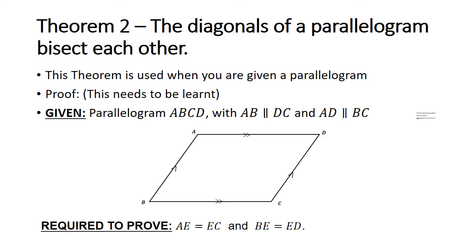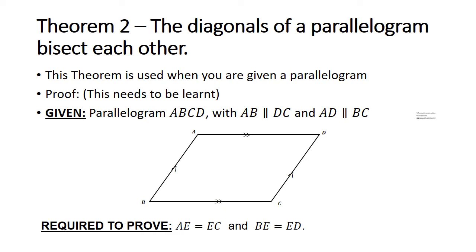So we're looking at the two vertical lines, AB parallel to DC. And they tell you that AD is parallel to BC. So we're looking at the top and the bottom line. They are parallel as well. And then we are required to prove that AE is equal to EC and BE is equal to ED. Now you'll note on that diagram we don't have a point E, and that's going to be our starting point.